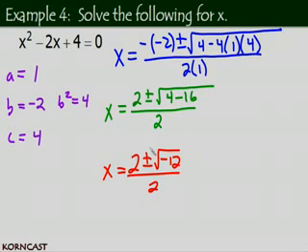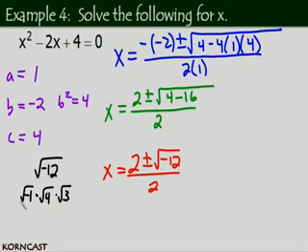So now, to simplify the square root of negative 12. I know the square root of negative 12 can be rewritten as the square root of negative 1 times the square root of 4 times the square root of 3. Well, if you recall, the square root of negative 1 is i, the square root of 4 is 2, and the square root of 3 is the square root of 3.